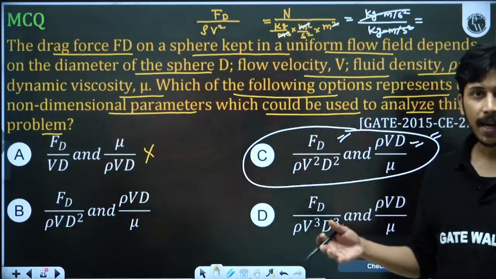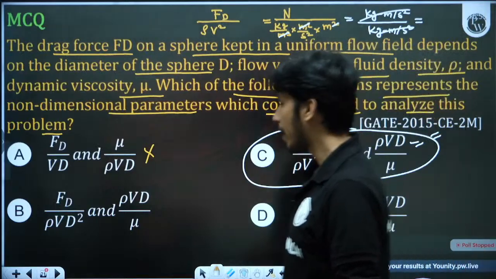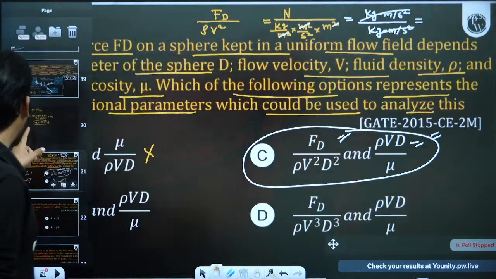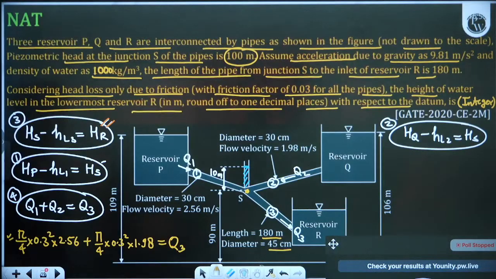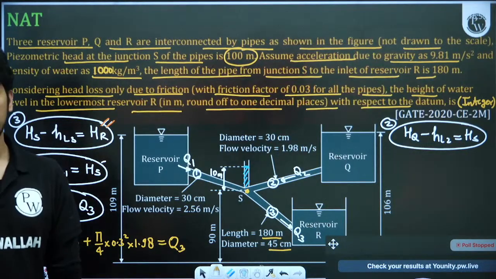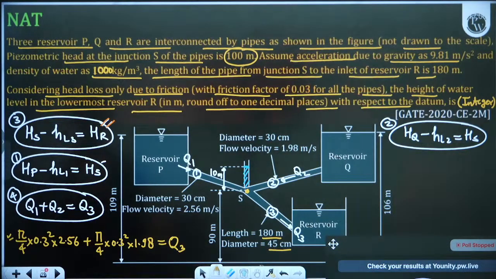Because water will be stagnant, so why do you take 90? I have made a mistake in writing. That is why I have written 90.